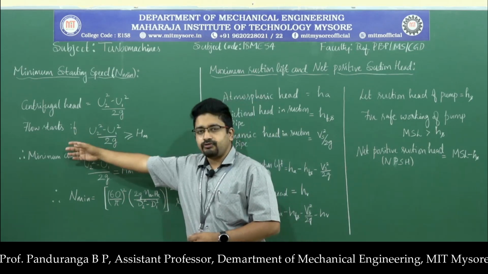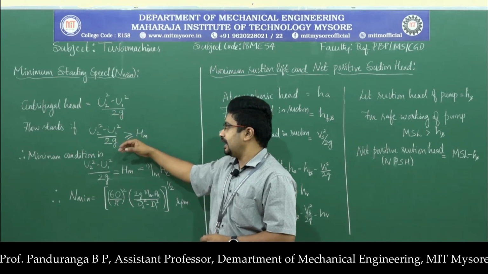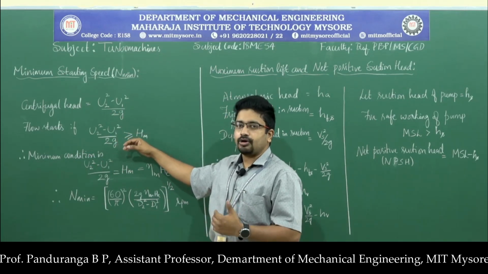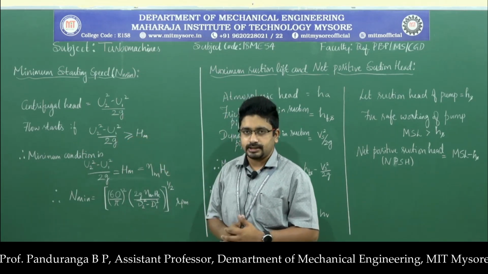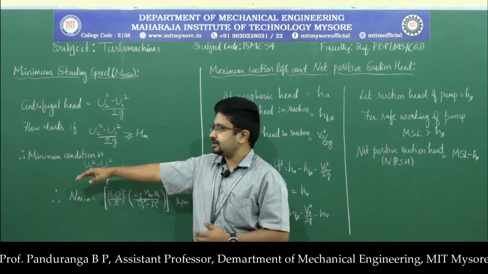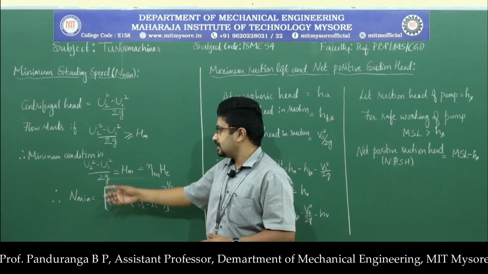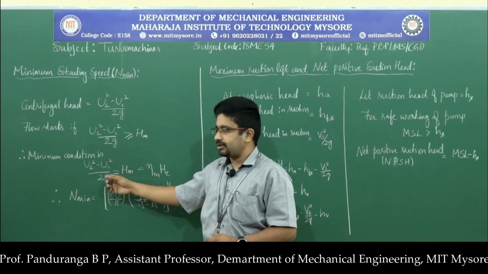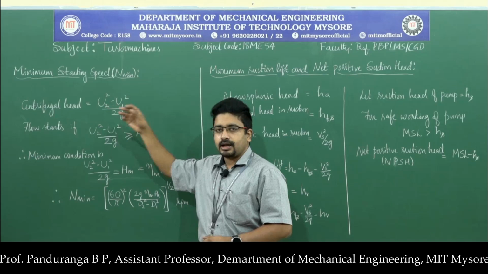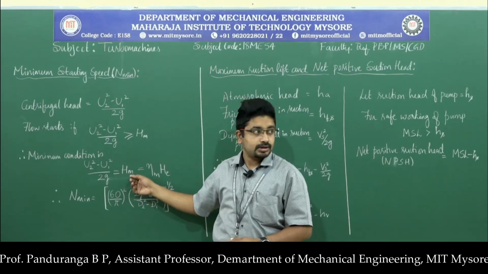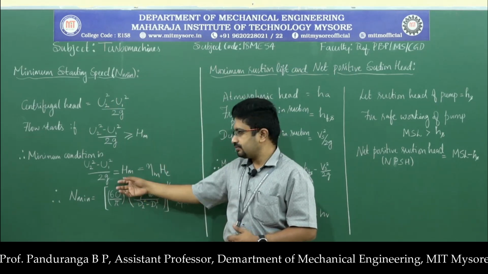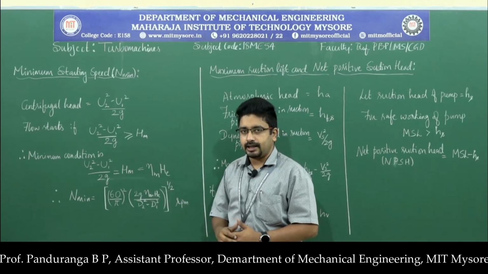So here the flow starts when the centrifugal head is greater than or equal to the manometric head. The minimum condition for the flow to start is that U2 square minus U1 square divided by 2G, which is the centrifugal head, should be equal to the manometric head.